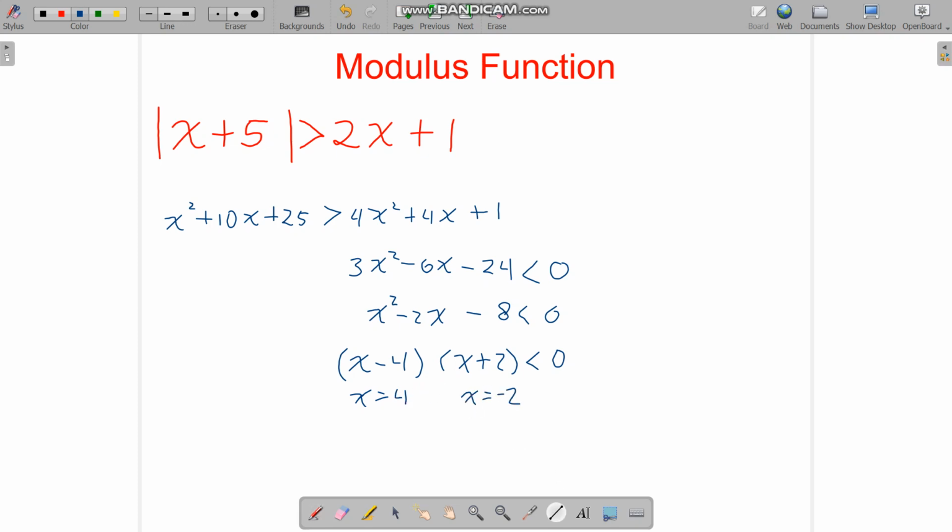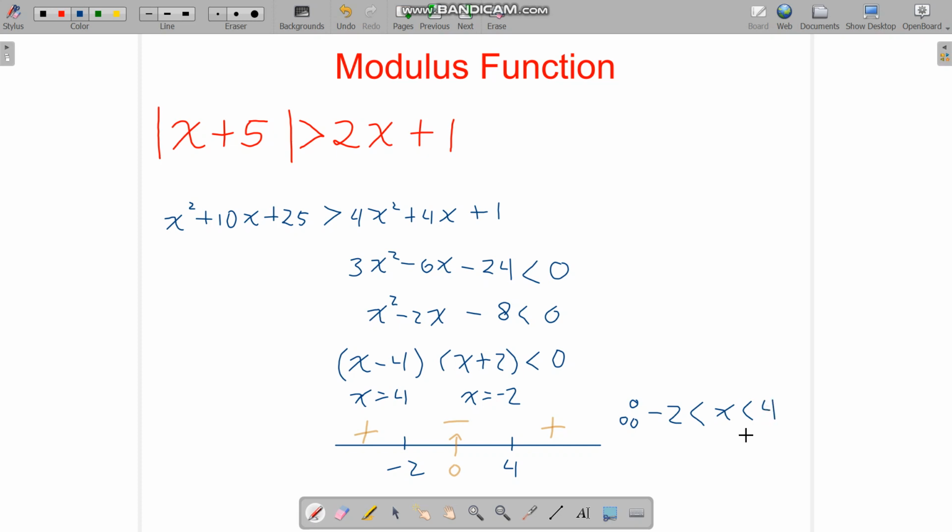The number line: minus 2, 4, and if we check the interval in the middle, with 0, we have negative times positive, so it's negative, smaller than 0. That means the solution is between minus 2 and 4. So in conclusion, the solution is between minus 2 and 4.